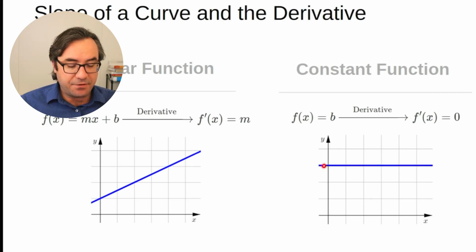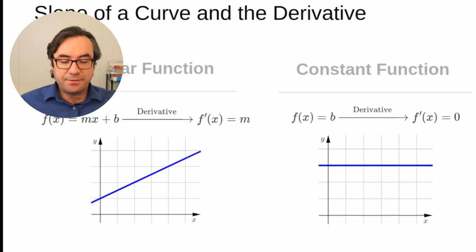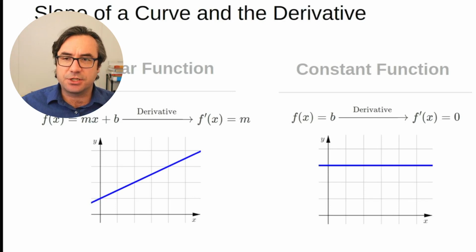So when we have a flat line like this, at any point on here, the slope of our curve is 0. So the derivative is equal to 0. So we have these two special cases: linear functions and constant functions.